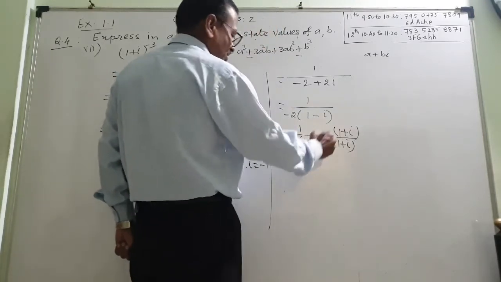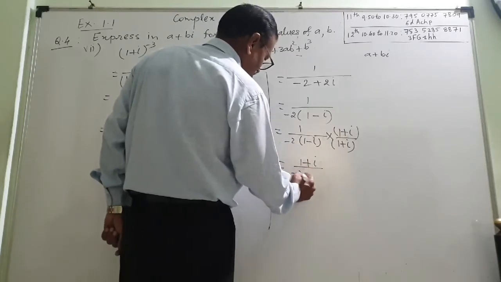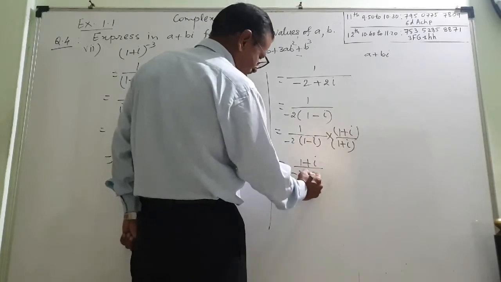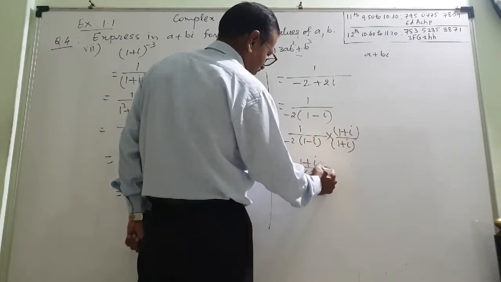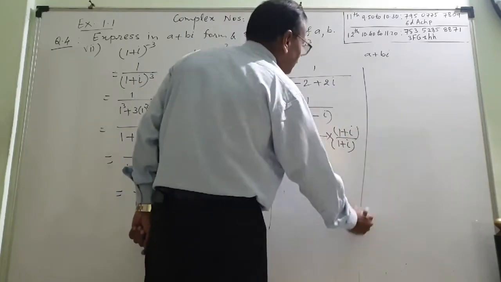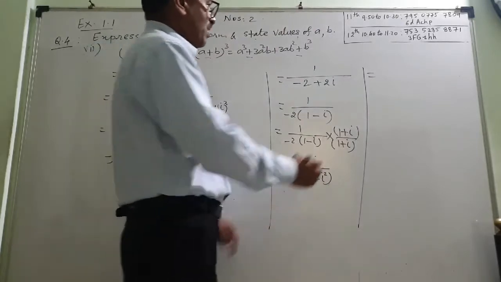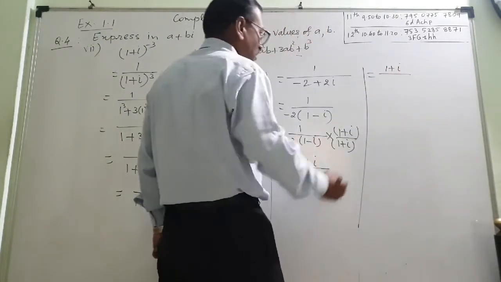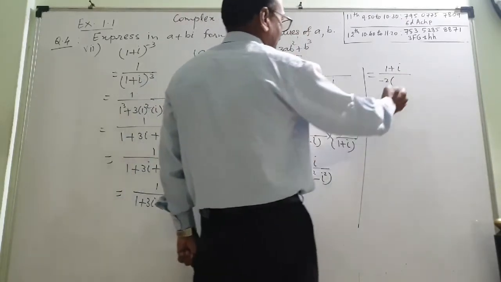That is equal to 1 into this is 1 plus i as it is upon minus 2 into bracket a minus b, a plus b, a square minus b square means 1 square minus i square. So that is equal to 1 plus i upon minus 2 into bracket.